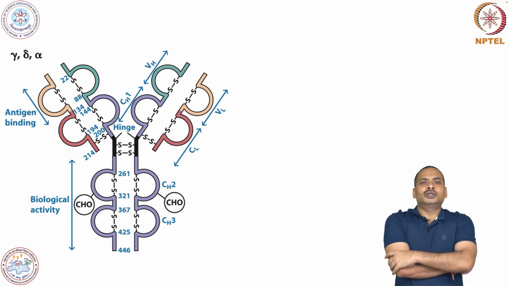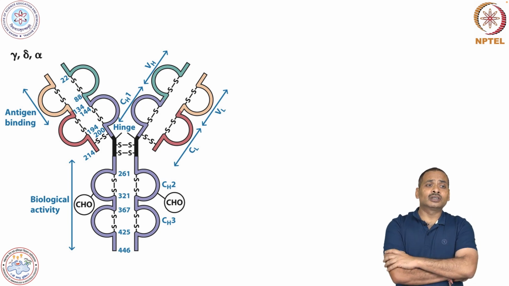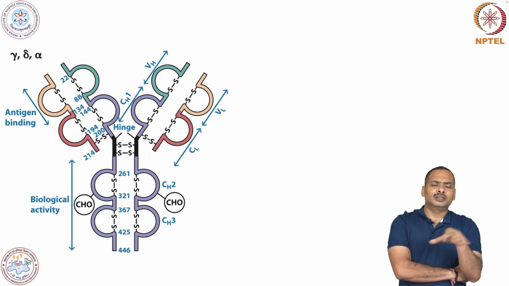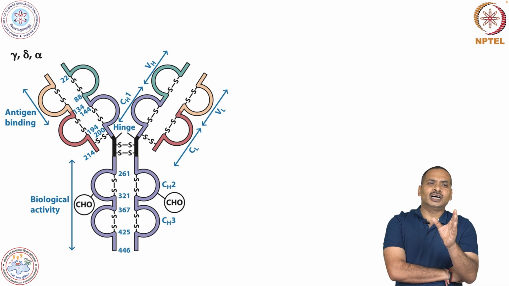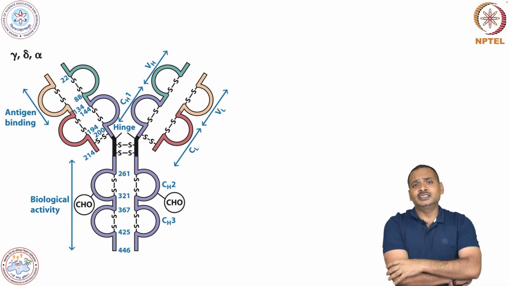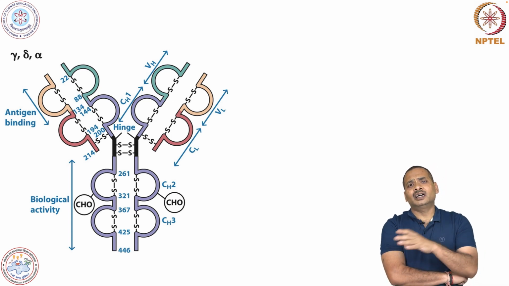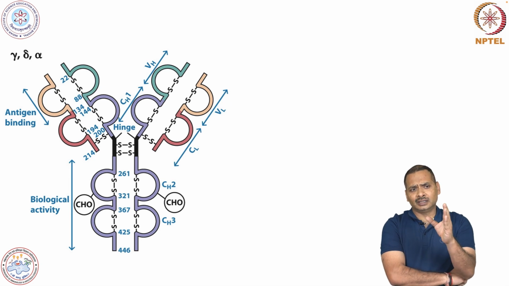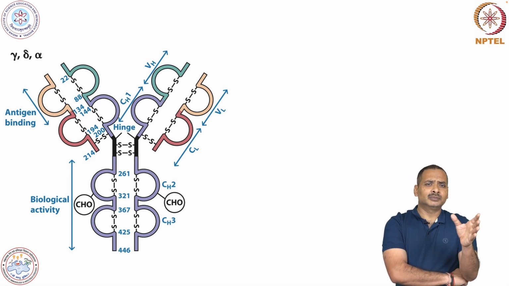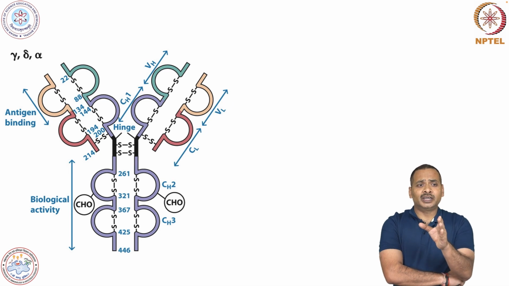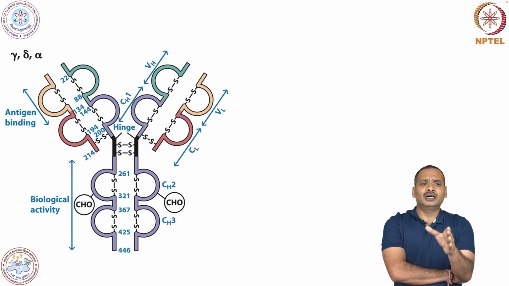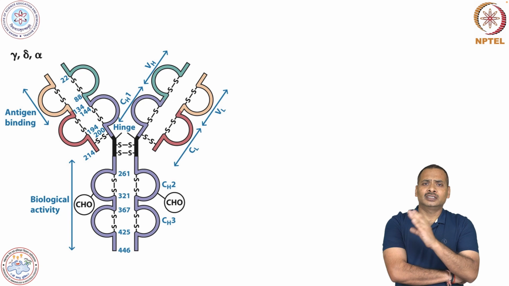Now, I will talk about individual immunoglobulins. I will put them in one group. Here you can see IgG, IgD and IgA, which are encoded by gamma, delta and alpha respectively.